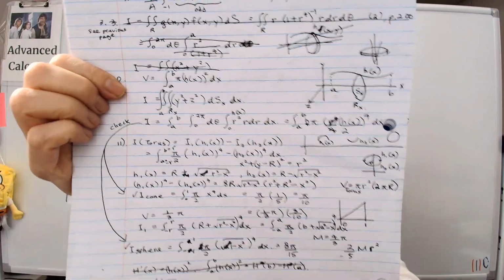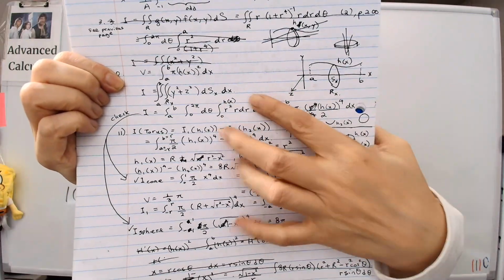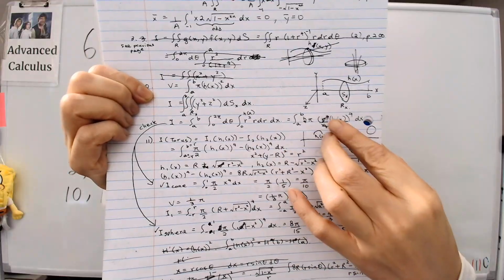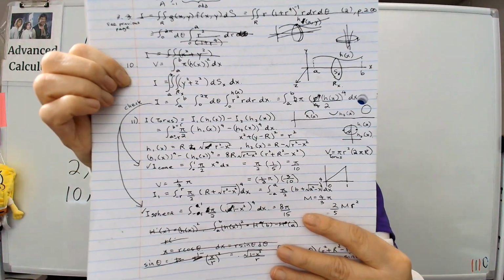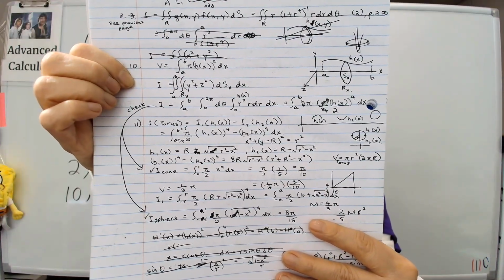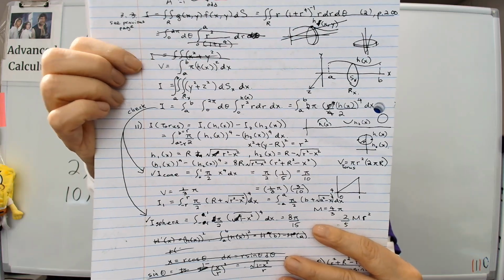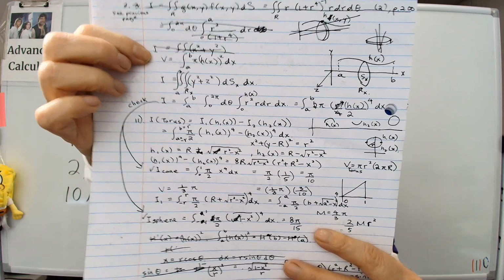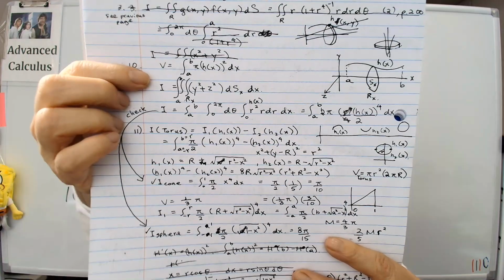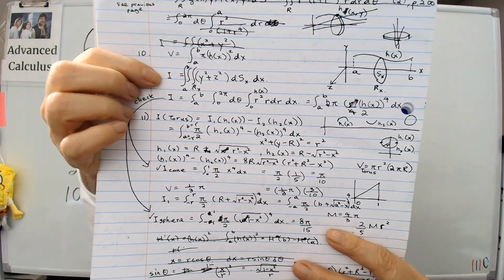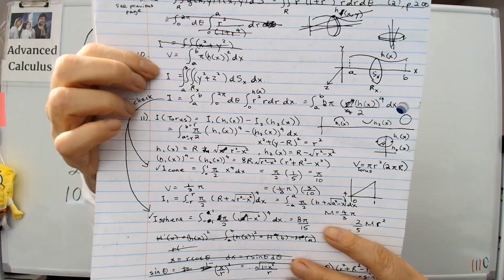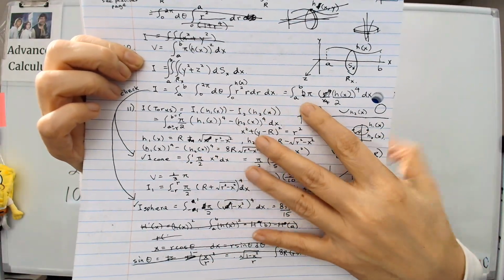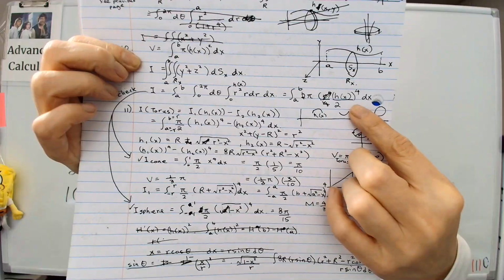We'll do the integration of each slice, and then sum it up from a to b, which is what I did here. The volume itself is calculated like this. And then for the inertia, we'll use polar coordinates and do the integration. And very soon I get this formula.